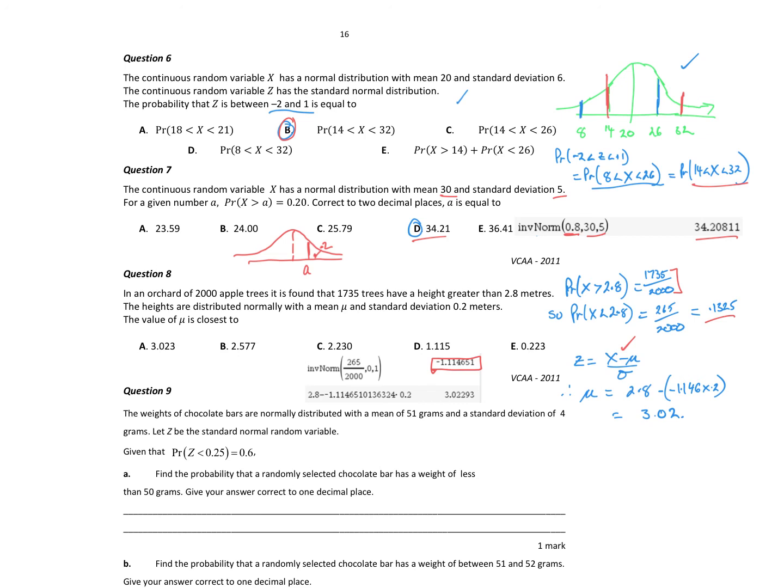So then if I use Z equals X minus mu on sigma, I can rearrange to solve for mu equal to 2.8, which is the measurement we're dealing with, minus Z times the standard deviation, which comes out to be 3.02. Okay, which is A. Right.